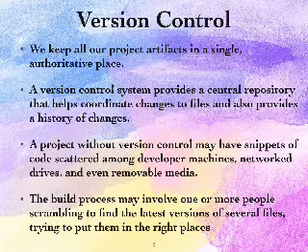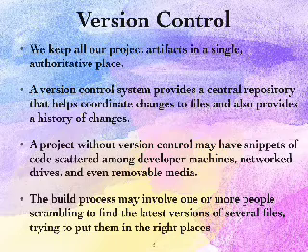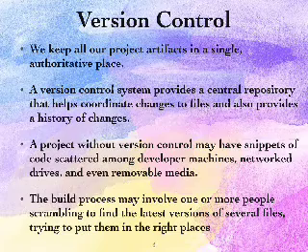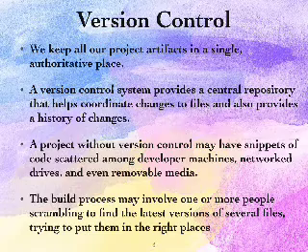In that model, to maintain a single piece of integrated code becomes very difficult. So in version control, we concentrate our project artifacts in a single authoritative place. So an authorized place where you can place all your code is required.